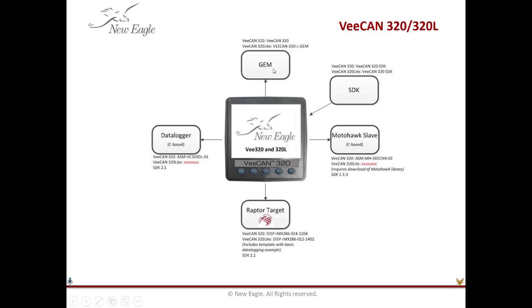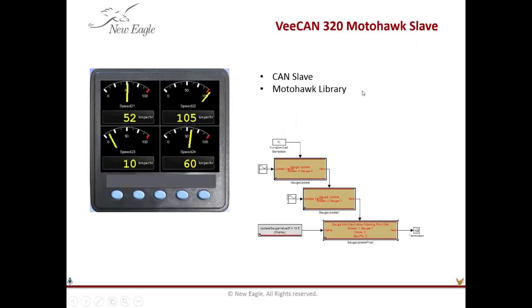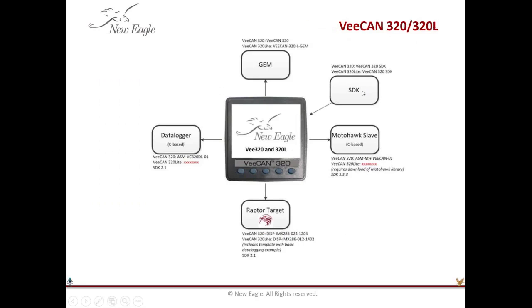GEM software comes preloaded on most vCANs, supports J1939, and then we have the SDK option. So if you want to go a full C-coded option and do your own stuff, that's the SDK. But really, we're talking about Raptor today and how to get that going.